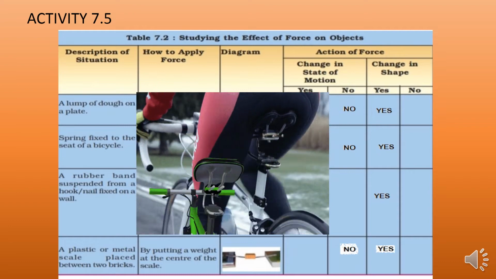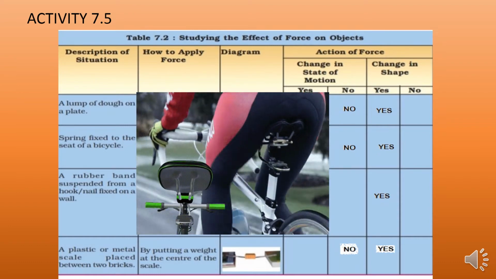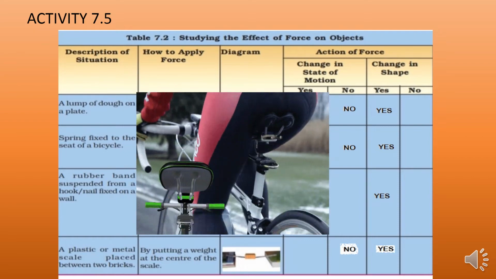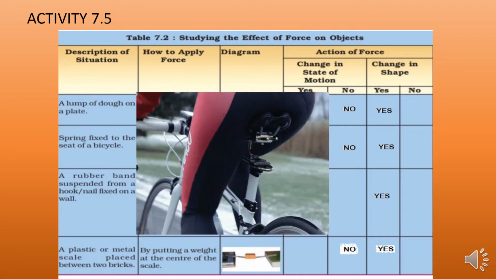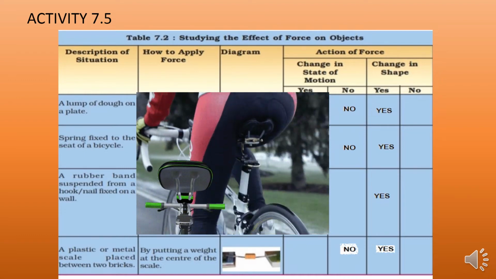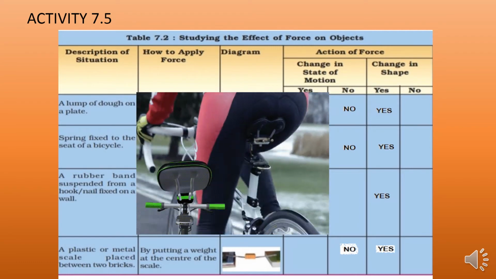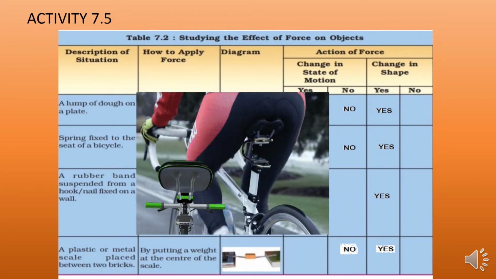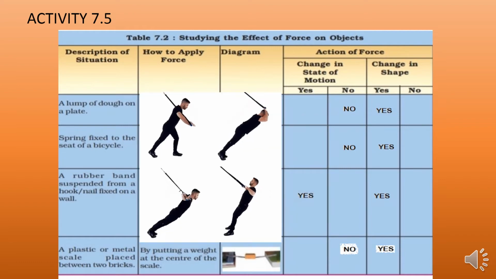You can observe here, the bicycle is moving from one place to another place, not the spring. The spring is at one place only, but its shape is getting changed because of the force applied by the person sitting on the seat. So I have written yes in the column change in shape and no for change in state of motion.